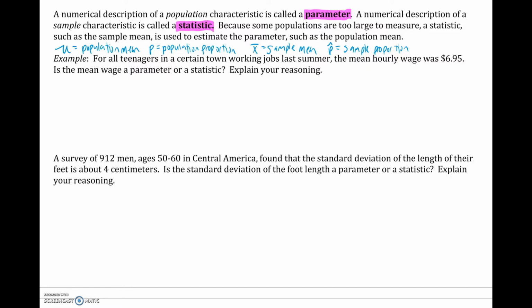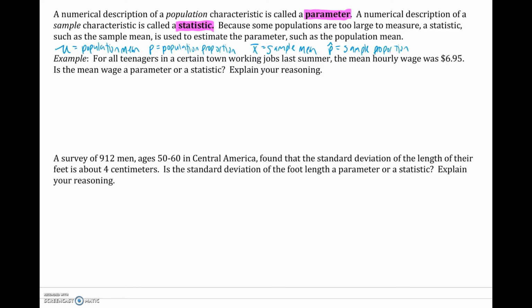So if we take a look at the first example, for all teenagers in a certain town working jobs last summer, the mean hourly wage was $6.95. Is the mean wage a parameter or a statistic? And then we want to explain our reasoning. So really, the big difference between a sample and a population is, is one a subset or is one all? That's really what I look for.